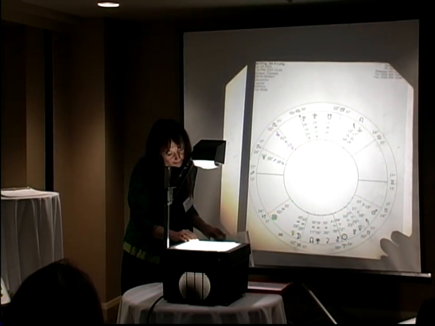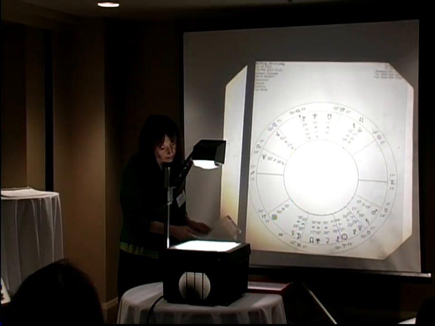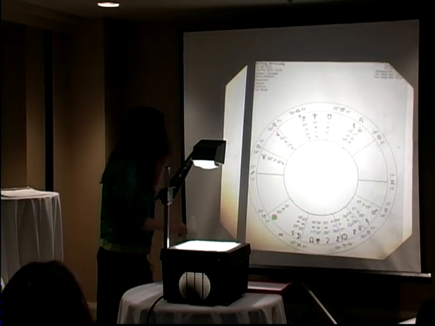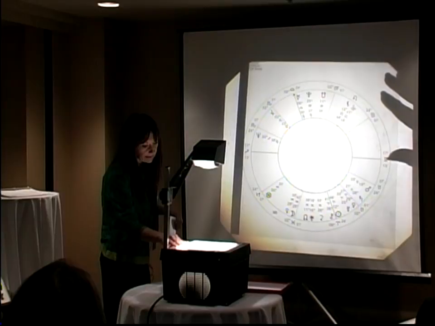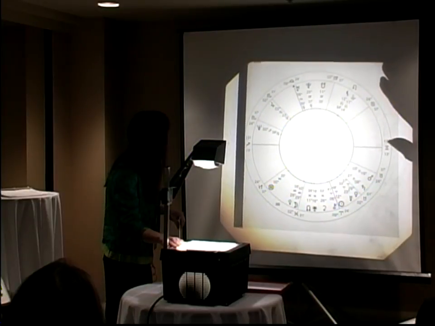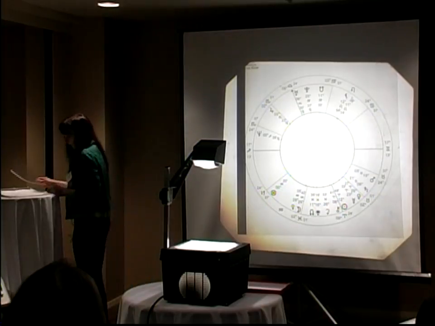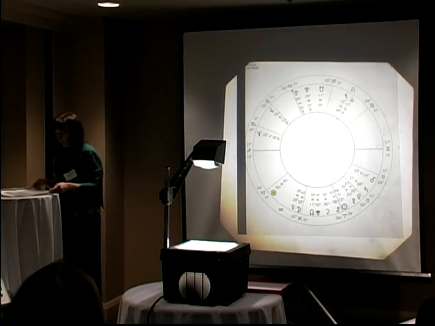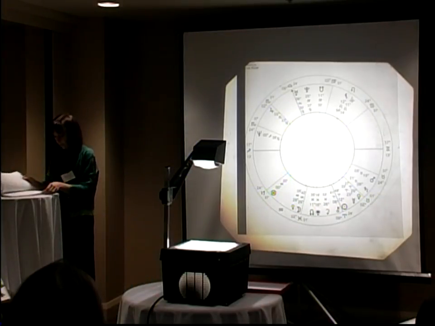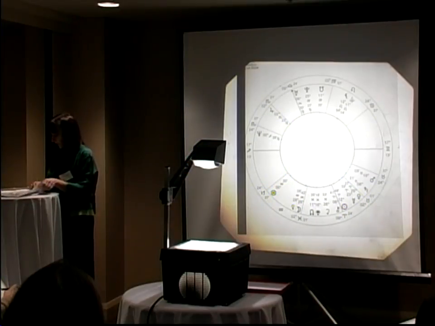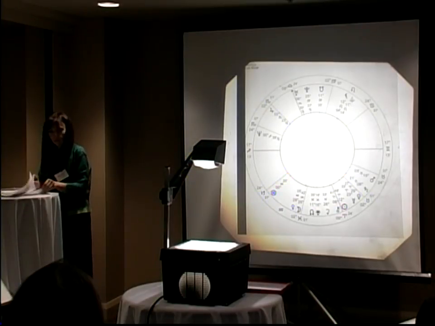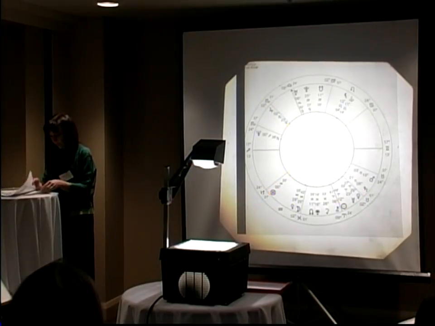This was the date of the operation, and I must say that this individual, he's got the moon at 29 degrees of Aquarius there. That was kind of interesting because this person was very objective about going through this whole thing.